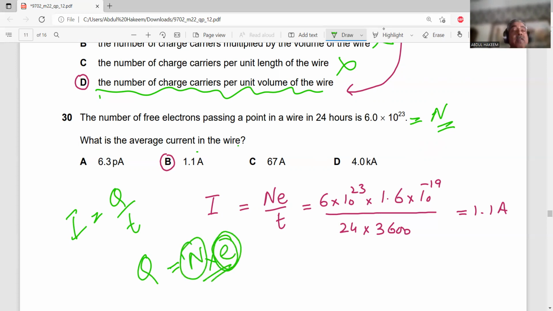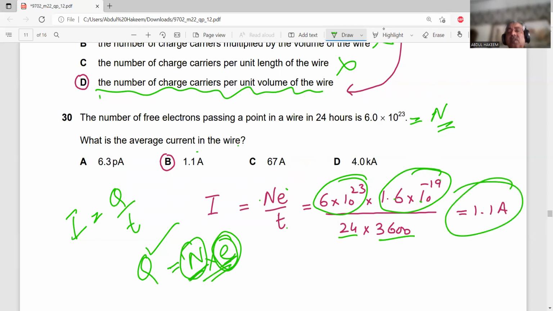When we multiply the number of electrons with the charge of one electron, this is the total charge. So N E divided by T: number given, charge of the electron is fixed, 1.6 times 10 power minus 19, and the time is 24 hours multiplied by 3600. So the answer is coming 1.1. That's why B is the answer. So this is question number 30.